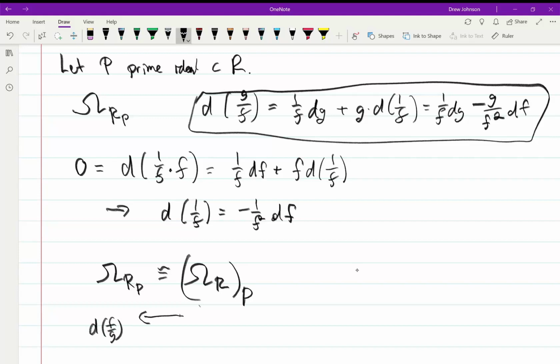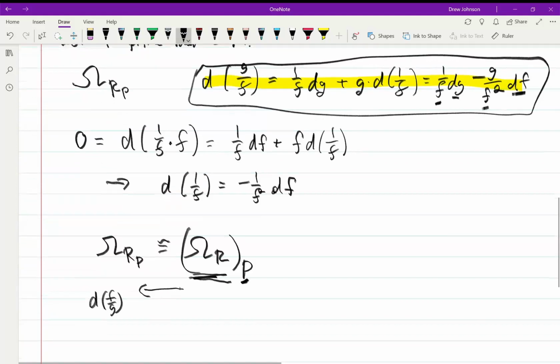These are not symbols that come up in here. But according to our formula up here, you can write this in terms of these dg and df, those are generators in omega R, and then the coefficients are things in the localization from R_P. Okay, so that's how that goes.